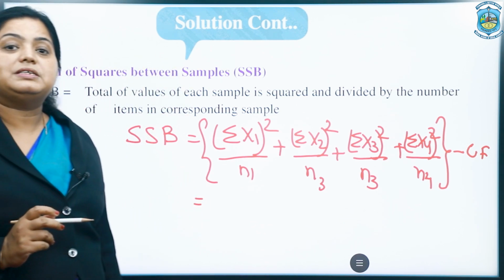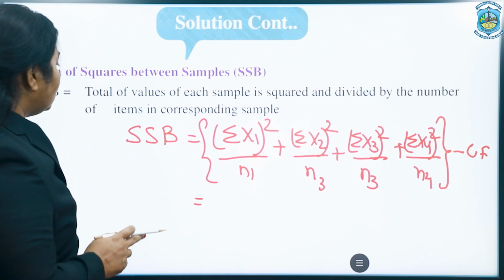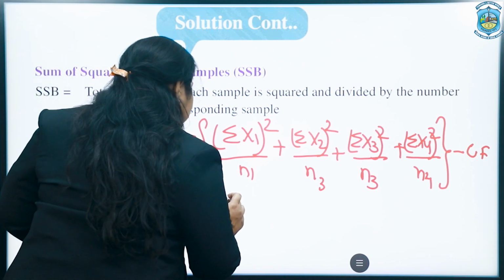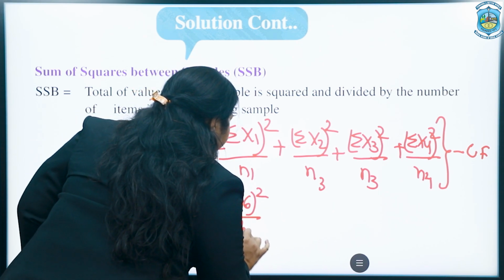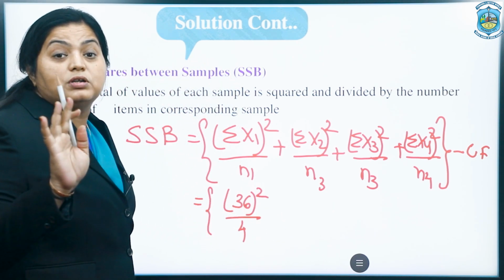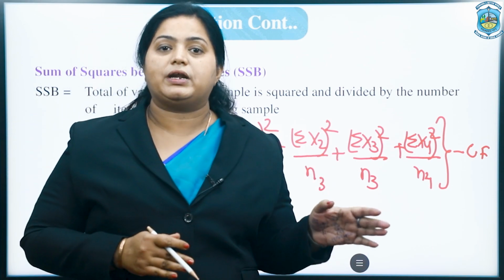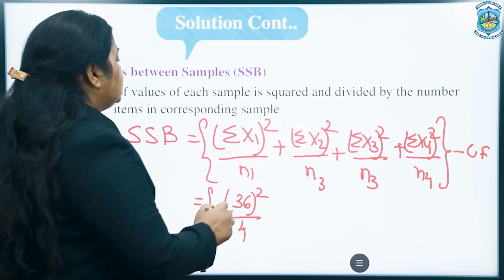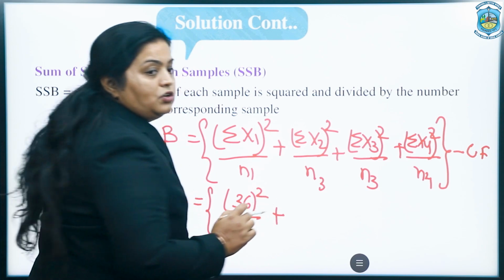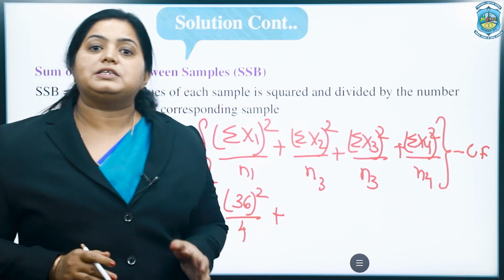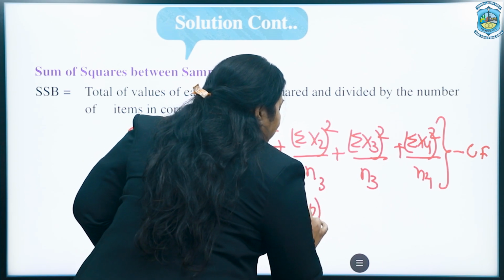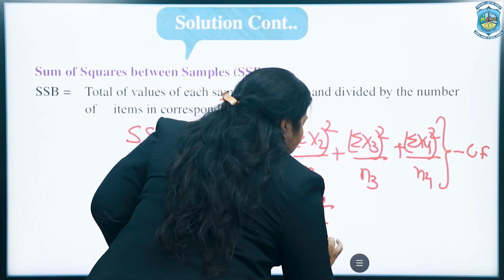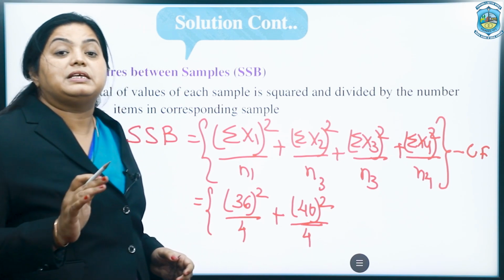Now put all the values in this formula. From the previous data we know that the sum total of x1 is 36. So 36 whole square divided by 4, because we have 4 sample items in the first variety of rice. The summation of x2 is 40, so 40 square divided by again 4, because we have an equal number of sample items in each variety.